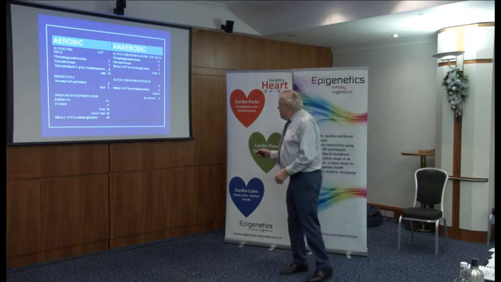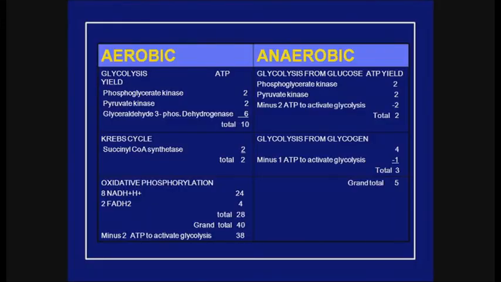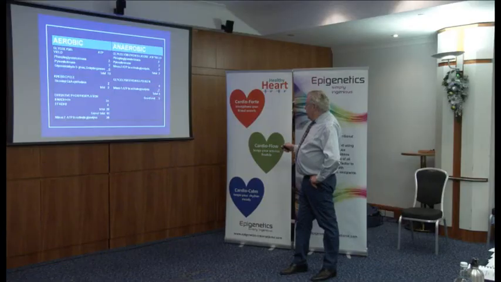If you're working anaerobically, what you're doing for energy is 2 from the first pathway, 2 from pyruvate, minus 2 to start, which leaves you 2 molecules of ATP. And then from here we get 4, minus 1 to activate glycolysis, which leaves 3, for a grand total of 5.